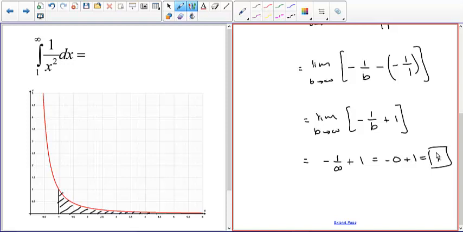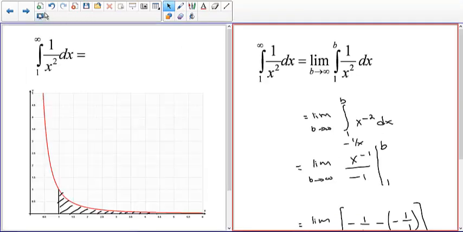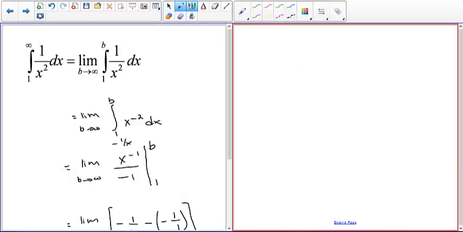So that's if you use the limit. Now I'm going to show you the way that you might be tempted to do it, where you just say, I don't need to do that. In that case, you would say the integral from 1 to infinity of x to the minus 2 power dx. So you add 1 to the exponent and divide by the new exponent.